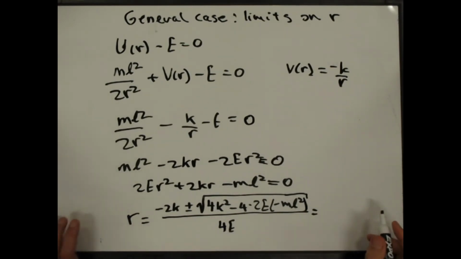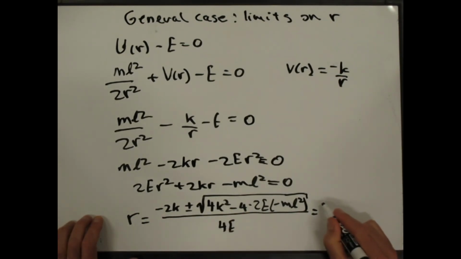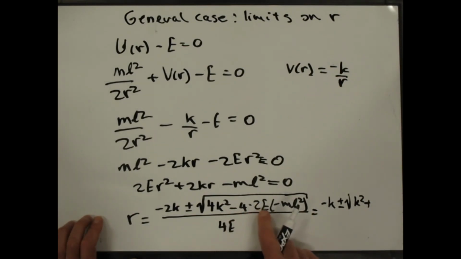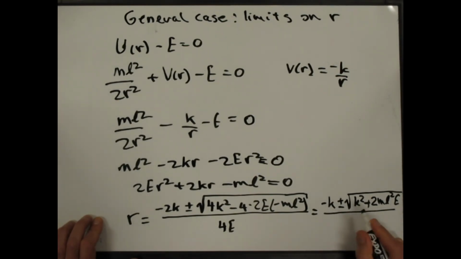And so I can factor 4 out of the top and put a 2 out here, and so I get minus k plus or minus the square root of k squared plus, I lose the 4, and it's 2 ml squared E, all over 2E.